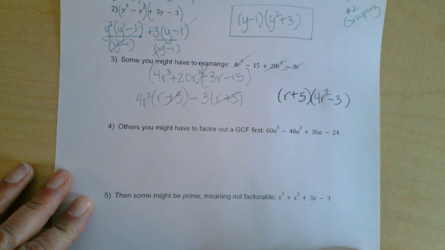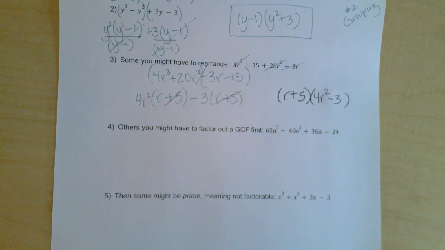So number 4, we have others where we might have to factor out a greatest common factor first. So all the terms might actually have a term in common. And so this is where, if you want to get your technology to help you factor out, or it might be as simple as just knowing your number facts, it's absolutely fine as well.